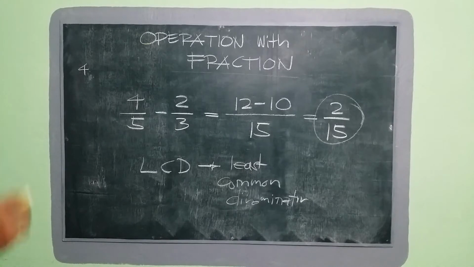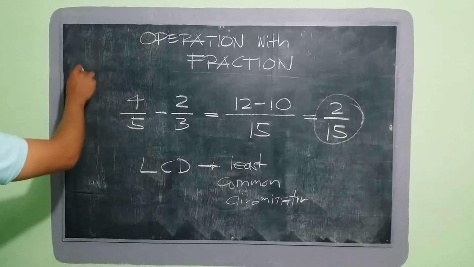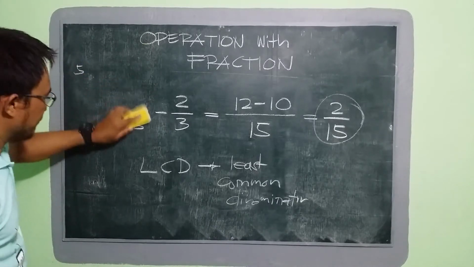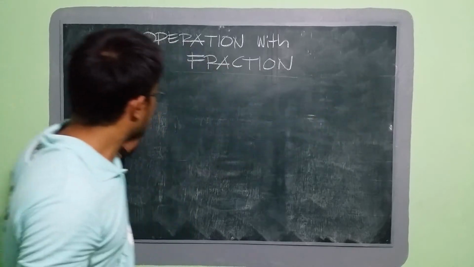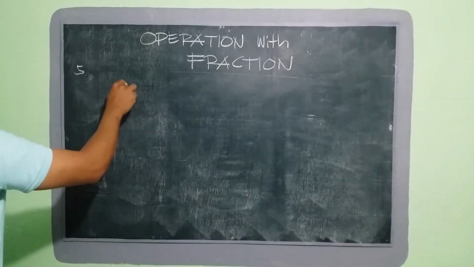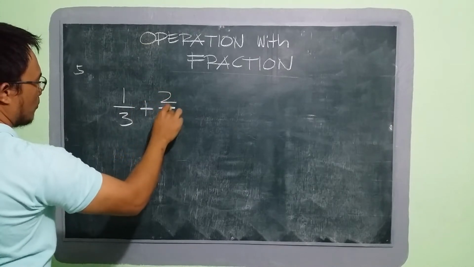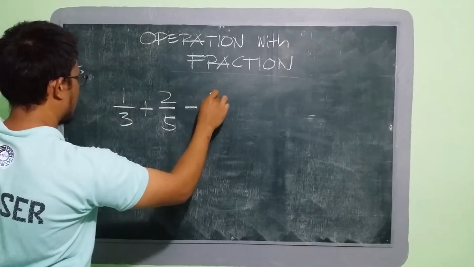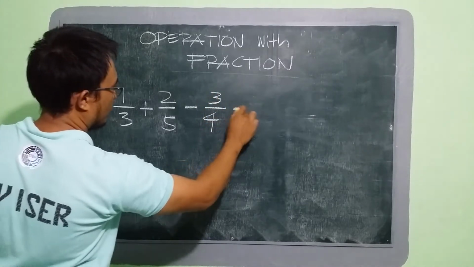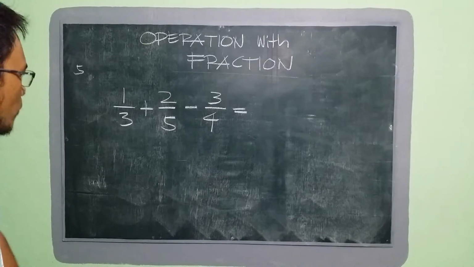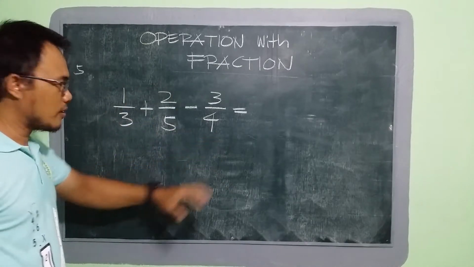Okay, the last example in addition and subtraction. So this will be example number 5. Now let's try this one. 1/3 plus 2/5 minus, let's say, 3/4. Okay, so we have 3 different fractions with different denominators.